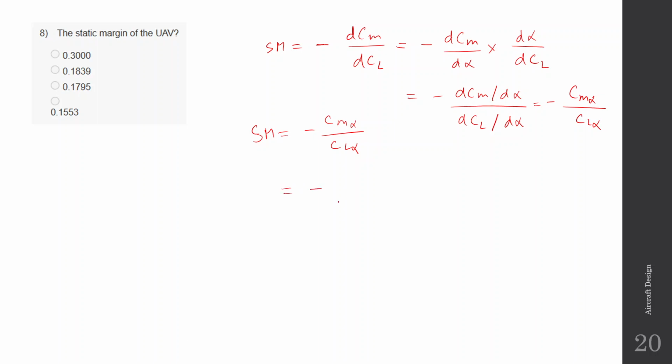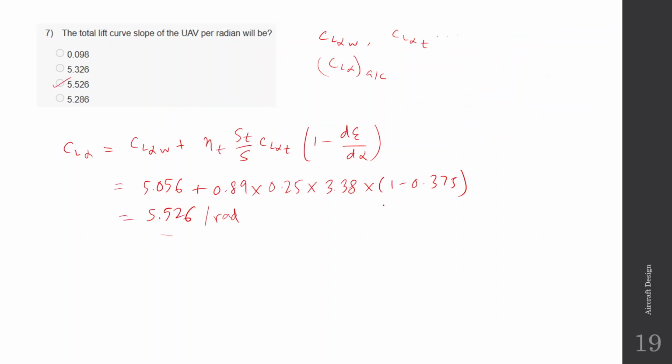So Cm alpha was minus 1 per radian, and Cl alpha we calculated here. This was 5.526.